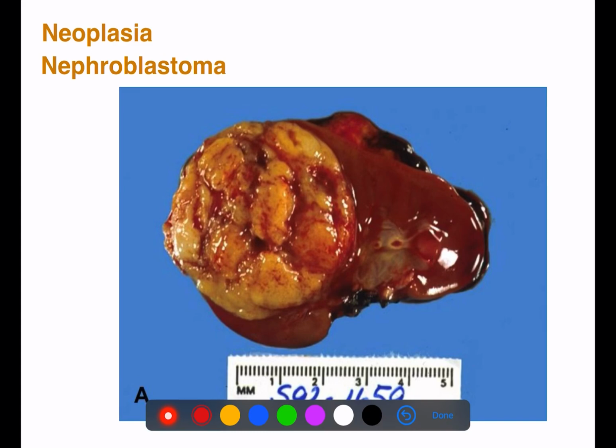We mean by primary the neoplasia which is originated from the tissue of the kidney, from the glomeruli, from the tubule.